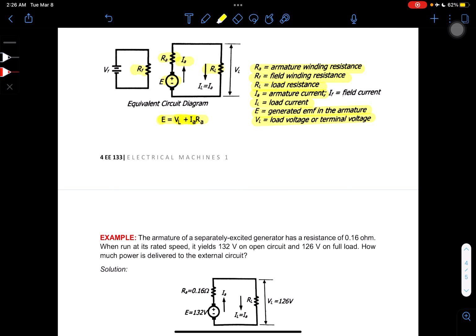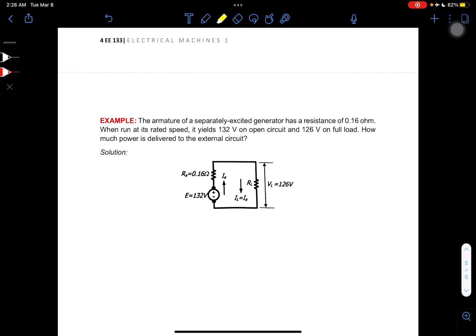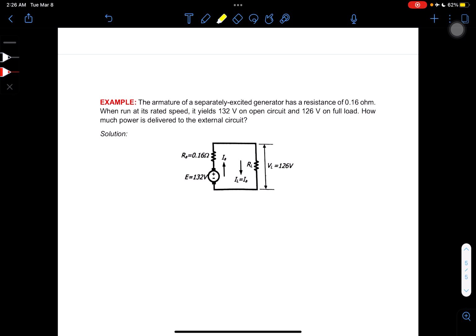Let's have an example for this topic. The armature of a separately excited generator has a resistance of 0.6 ohm. When run at its rated speed, it yields 132 volts on open circuit and 126 volts on full load. How much power is delivered to the external circuit?